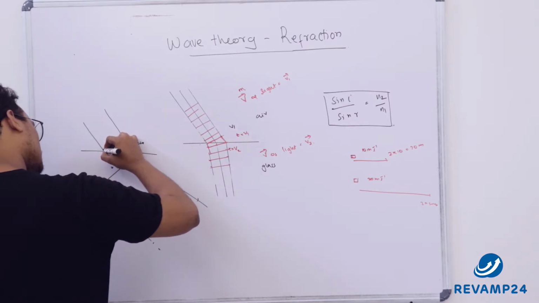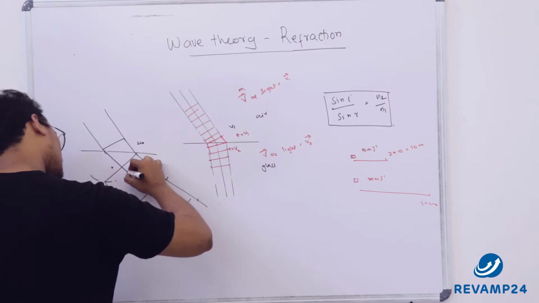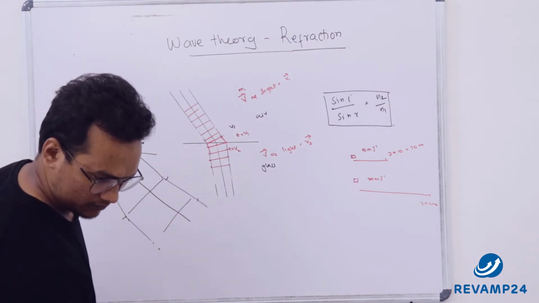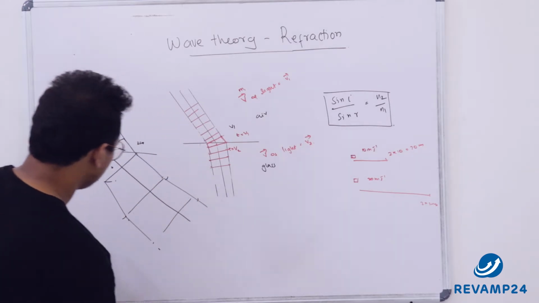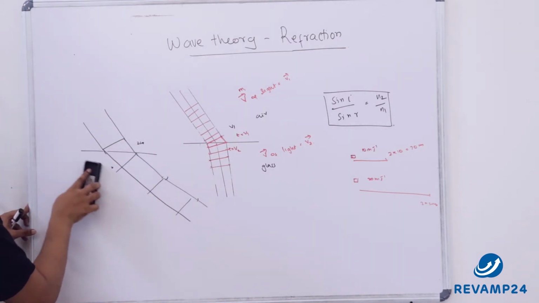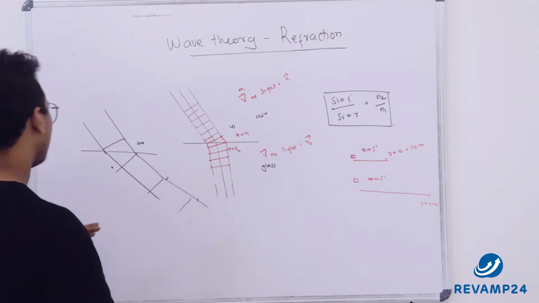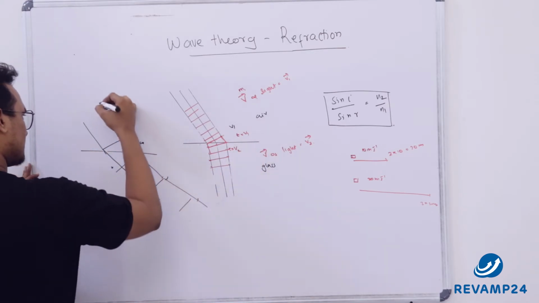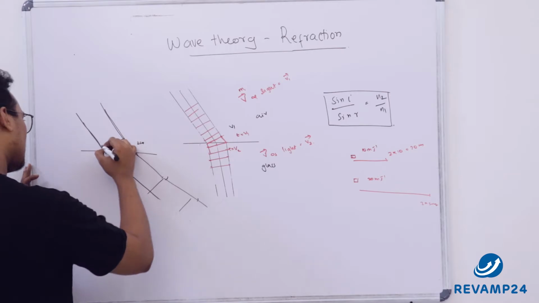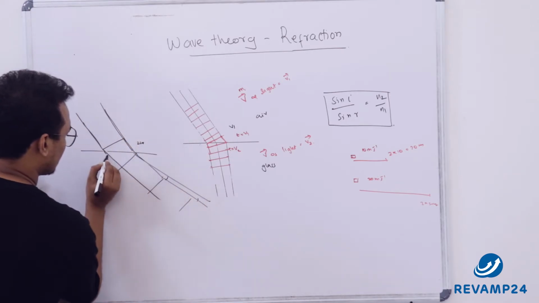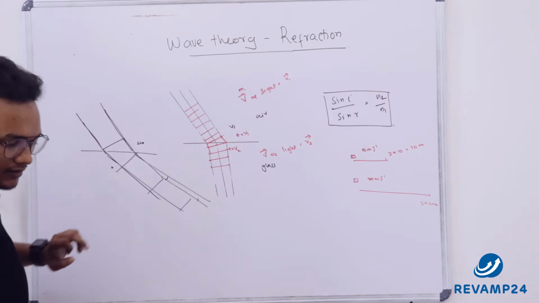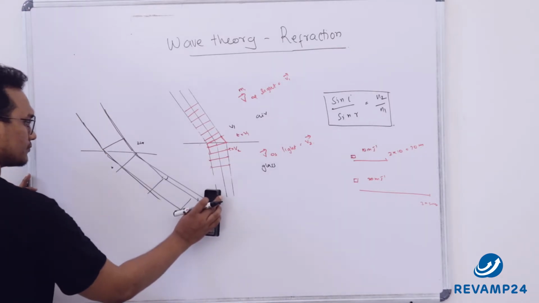If I draw with respect to this, it will look like this. So what has happened here? A ray has come and it has bent in this direction, because this is denser here and this one is rarer.